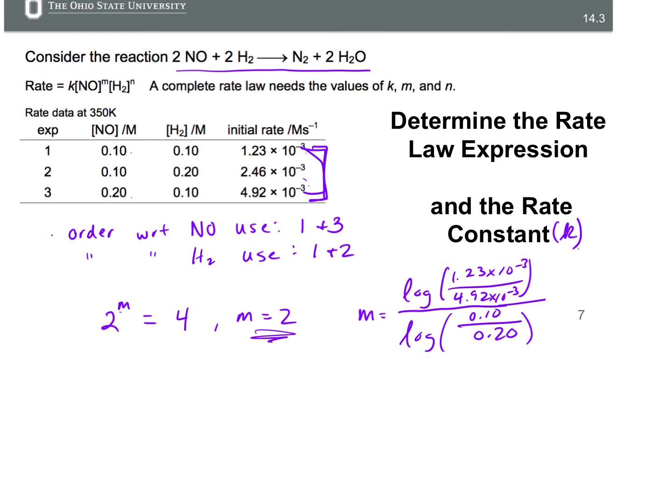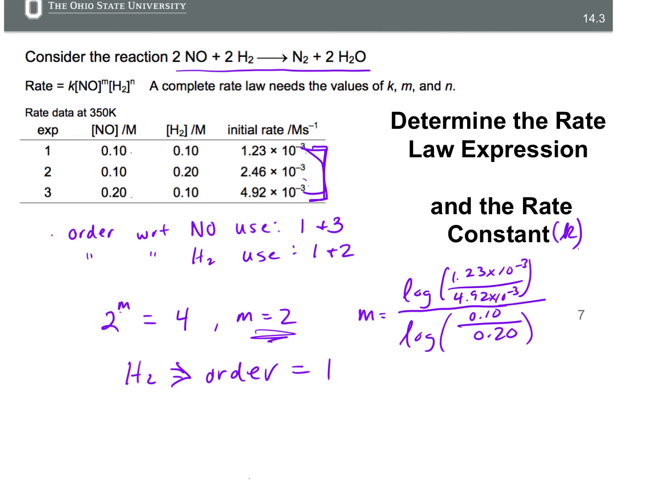Okay. And then for H2, we're going to find that the order is 1, right? Yes. Okay.